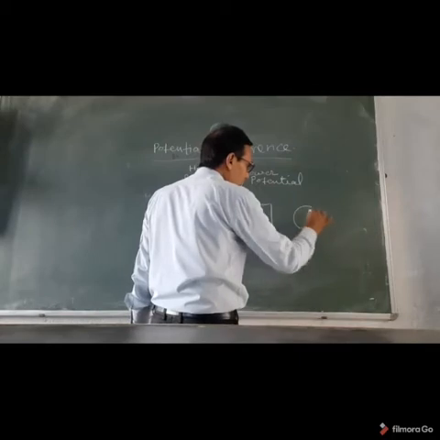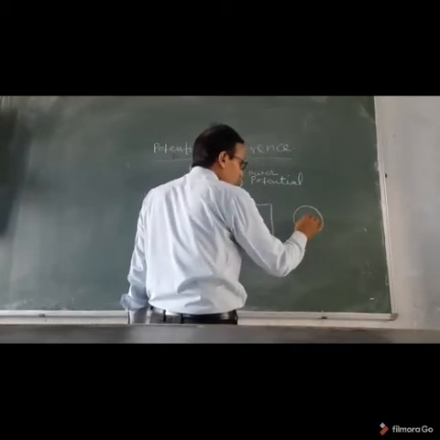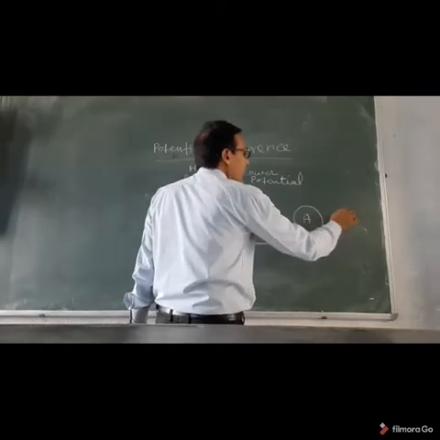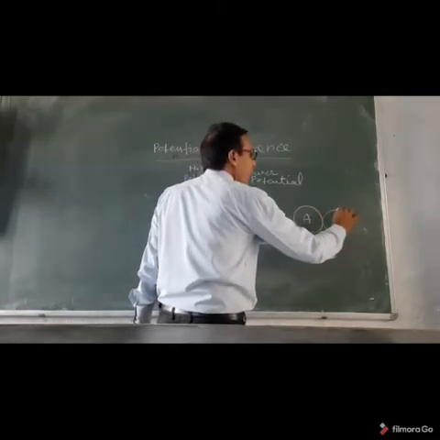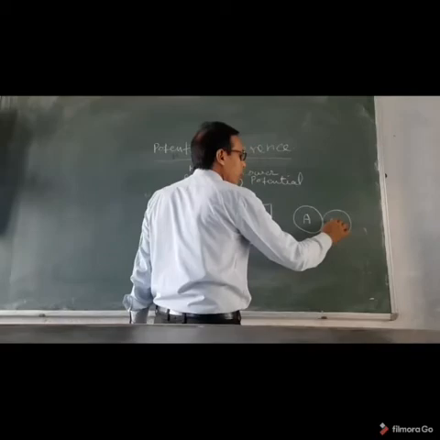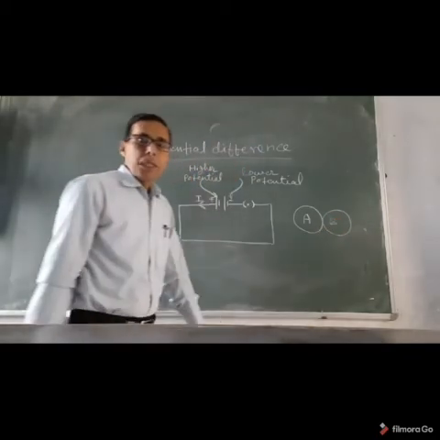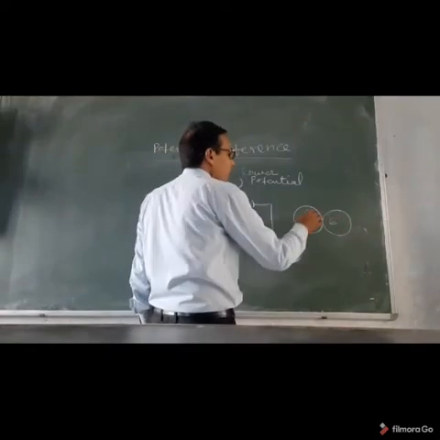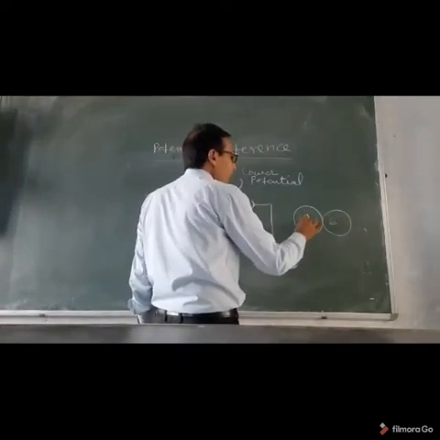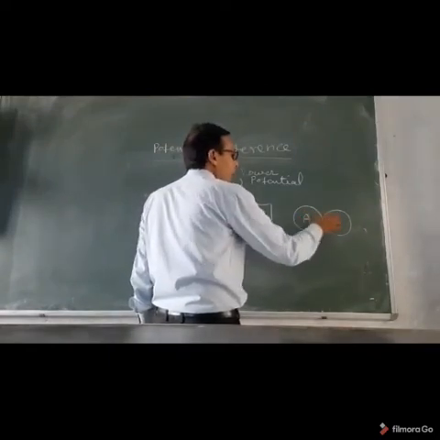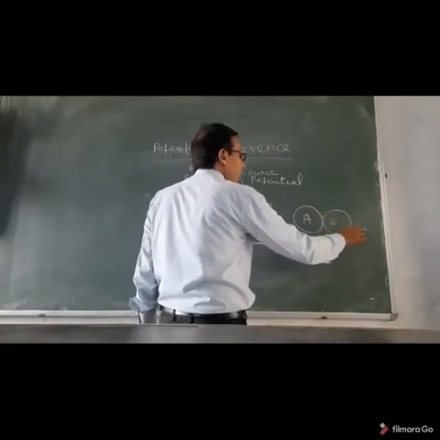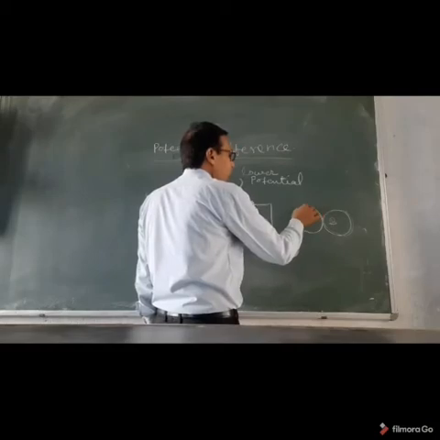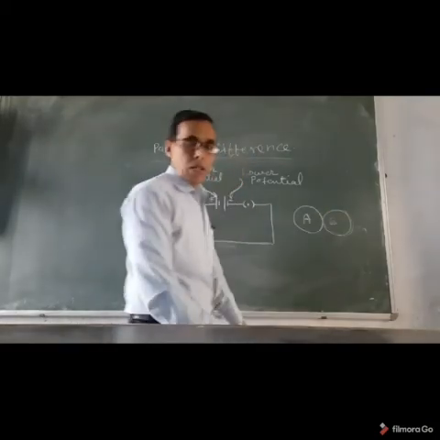Suppose this is a body A, the hotter body. It is at higher temperature and it is placed in contact with body B, which is at lower temperature. It means A is hotter, B is cooler.